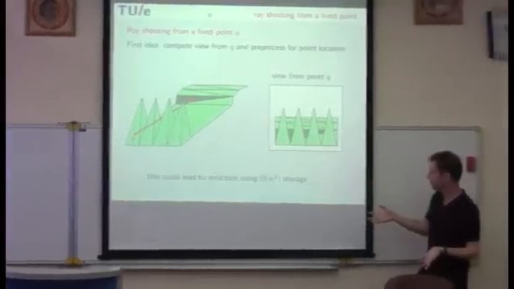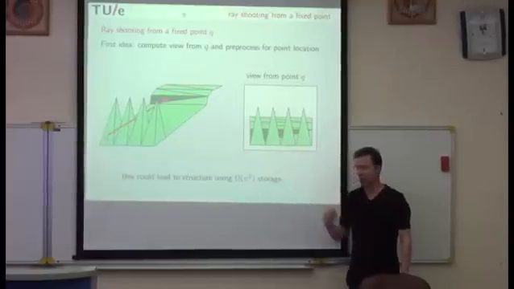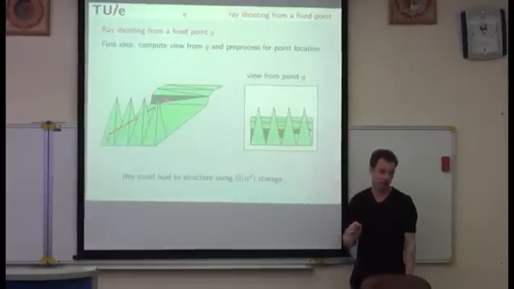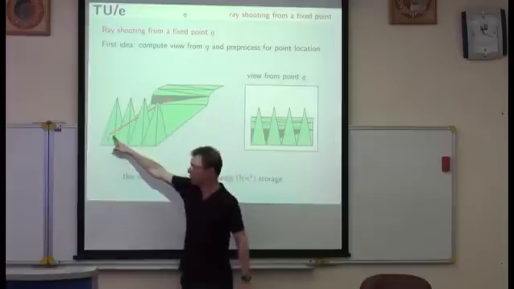So this is very easy, but the disadvantage is that, as you can see in this picture, the amount of storage can be n squared. It depends, of course, on the terrain, and on where this point Q actually is.